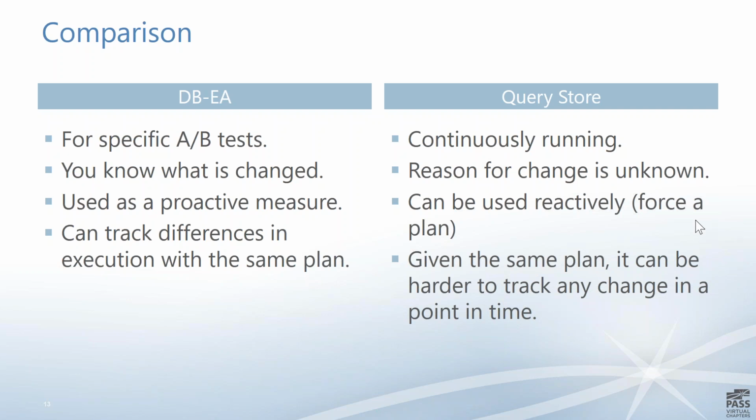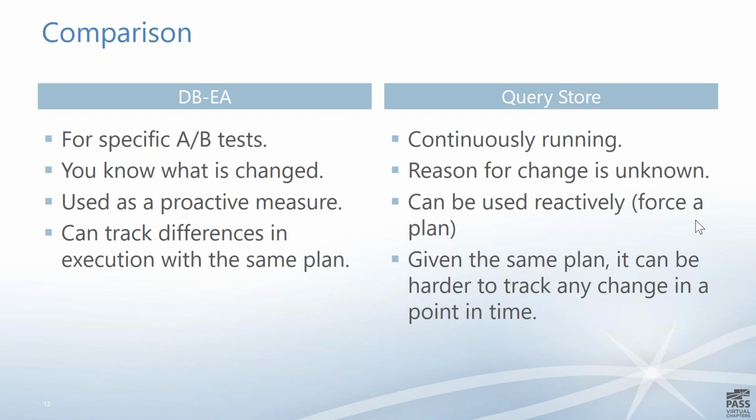It is something that usually is used reactively, where you just want to force a plan to run, right? We have a query that's gotten slow, so we're going to go and analyze through Query Store, see if we have a better plan for that query, and then we either figure out if we're going to improve the query, or we just fix the problem with the hammer and say force the previous best plan, right?